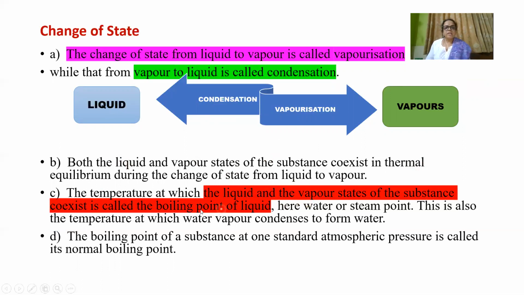The temperature at which the liquid and the water vapor states of the substance coexist is called the boiling point. Here it is the water or steam point. This is also the temperature at which water vapor condenses to form water. The boiling point of a substance at one standard atmospheric pressure is called its normal boiling point.